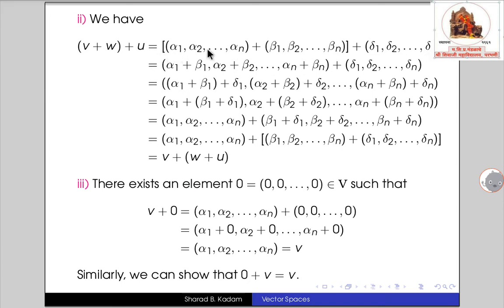Here we add these two vectors component wise, so their addition will be alpha 1 plus beta 1, alpha 2 plus beta 2 and so on.